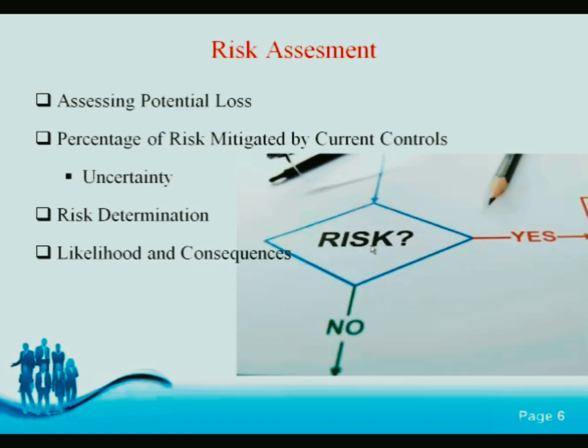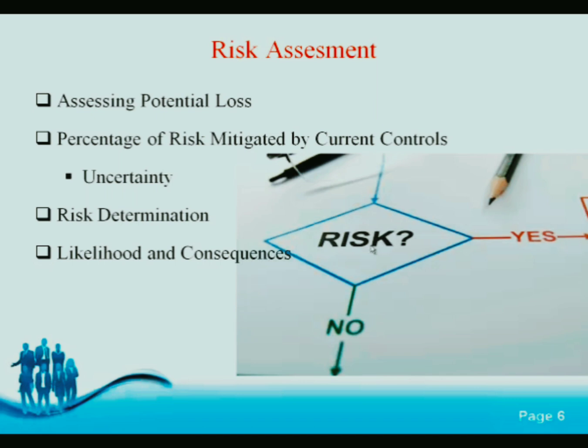Next is risk assessment. We assess the potential loss, what potential loss we are going to have in case certain events occur. The question that needs to be asked when assessing the potential loss is: which threats present a danger to this organization's assets in the given environment?